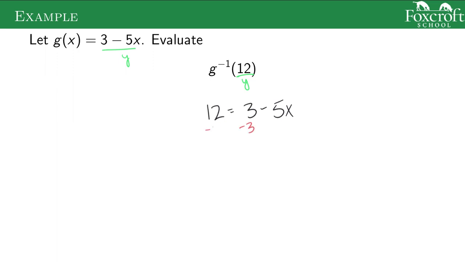Subtract 3 from both sides. Divide both sides by -5. And I get x equals -9 over 5. So that is my answer. g inverse of 12 is -9 over 5.